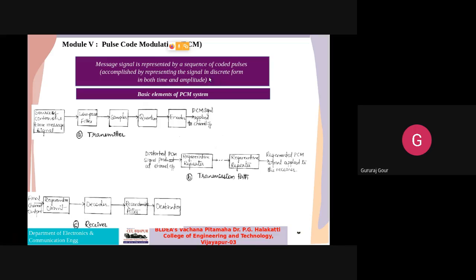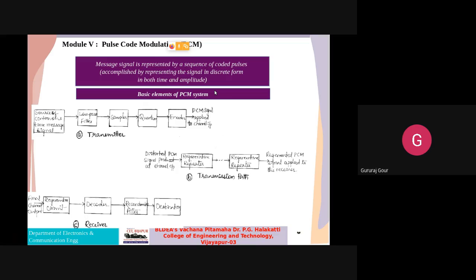In that way, we are able to convert our message signal into a form that is discrete in both time and amplitude. That means PCM simply transforms our message signal m(t) into a discrete form in both time and amplitude, by using a set of coded pulses.